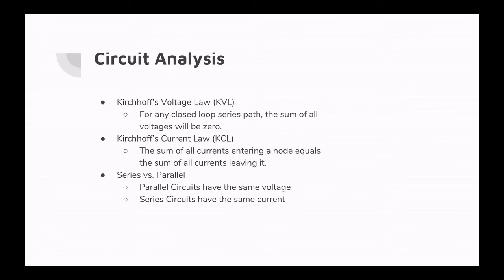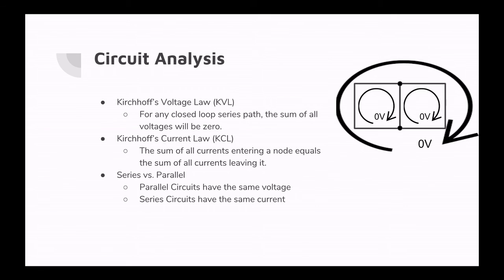When analyzing circuits, there are a few rules that will help us. First up is Kirchhoff's voltage law, also known as KVL. Basically, for any closed loop series path, the sum of all voltages will be 0. What that means is, if you look at the right, this is a small mock-up of a circuit.